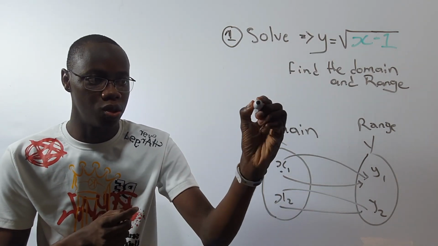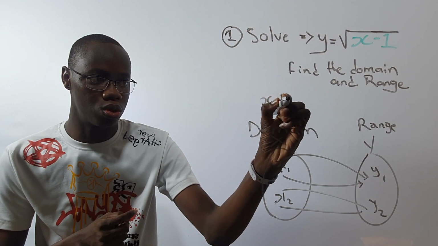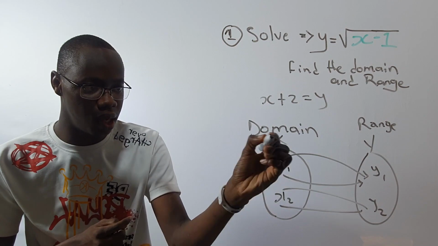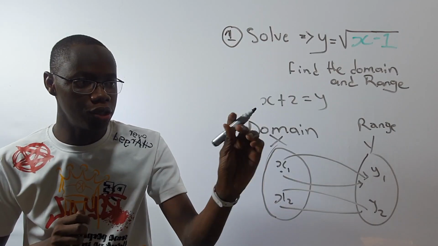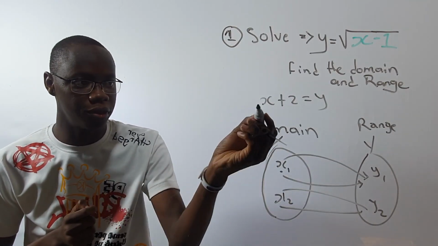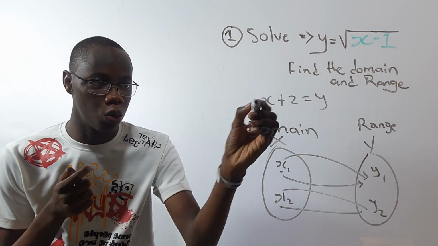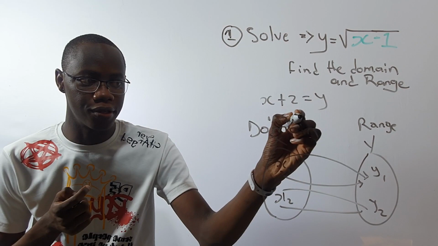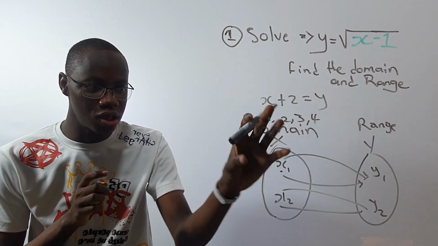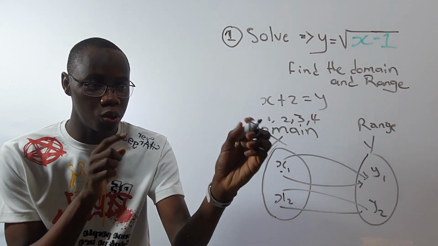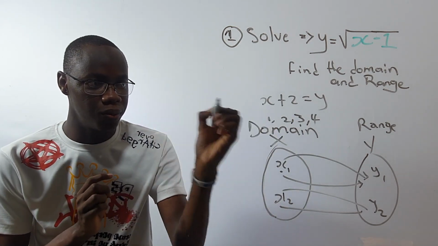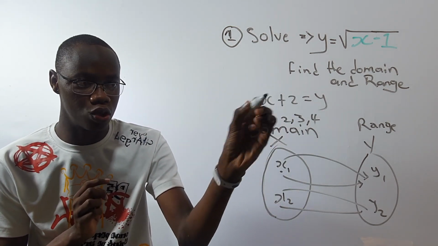Let's say we have x plus 2 equal to y. All these variables here are independent. You can have when x is 1, when x is 2, when x is 3, when x is 4, whatever x is, or whatever we independently assume x as, right?